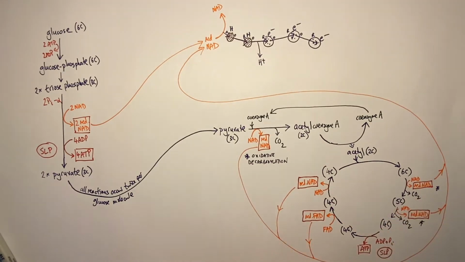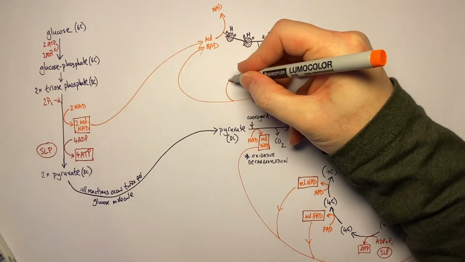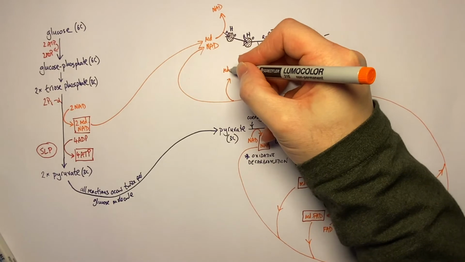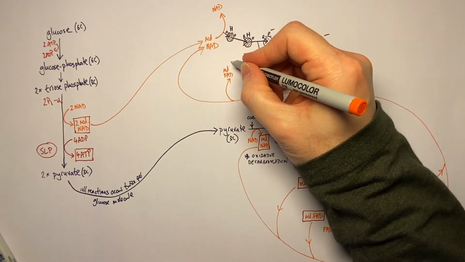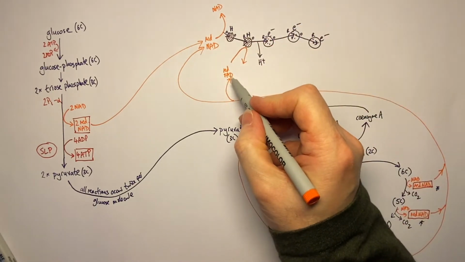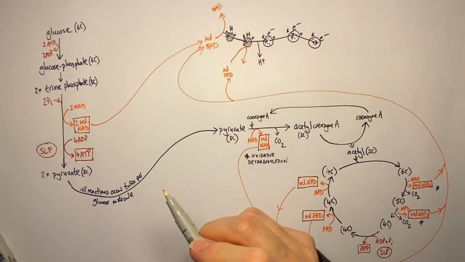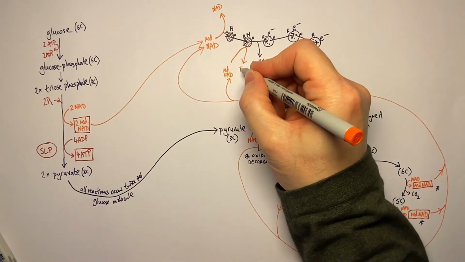The only thing we need to think about here is the reduced FAD. So I'm going to make the reduced FAD come off here, because for various reasons the reduced FAD can't give its hydrogen to the first carrier. It can only give its hydrogen to the second carrier.